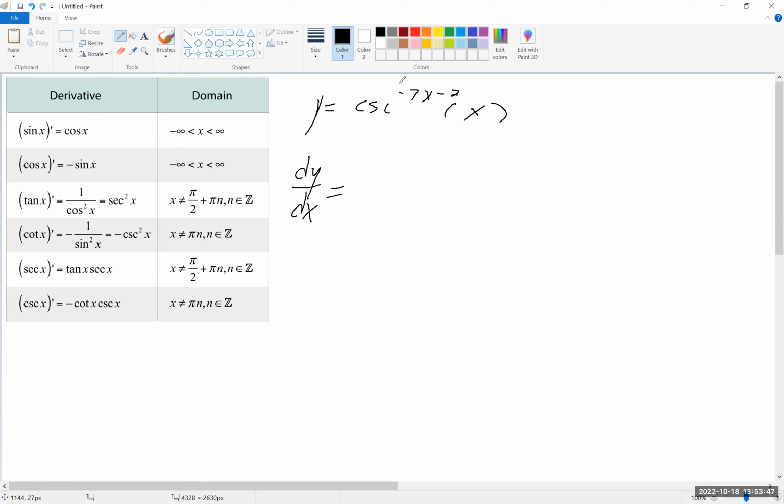Let me go ahead and circle this, thinking of this as the inside function. Actually, before I go that far, because this is logarithmic differentiation, let me do that here next to it. I need to take the natural log of both sides.